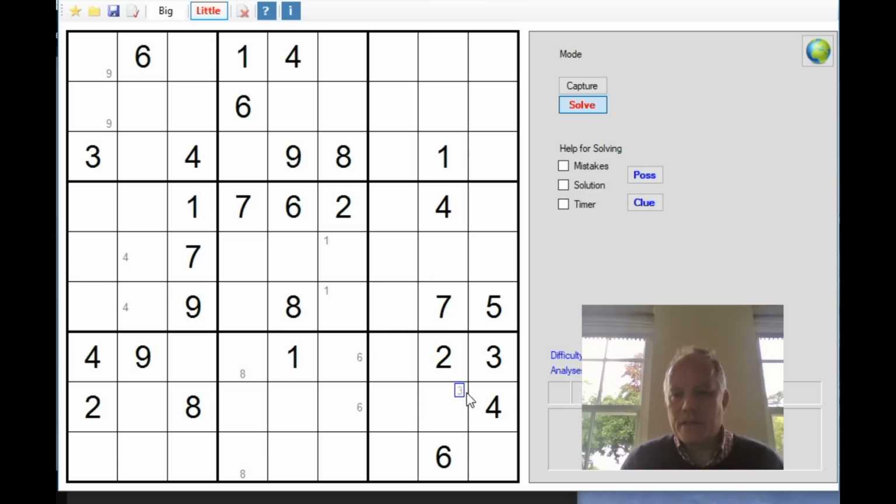And then moving over to this set of boxes, we've got 4. In fact, we get to place a 4 for definite in there because of all the 4s pointing to this box that rule out the other spots.